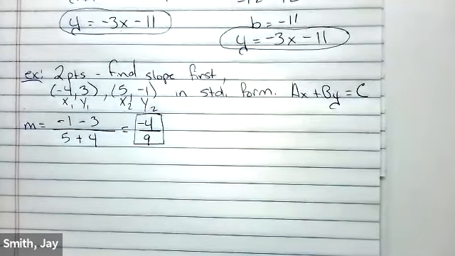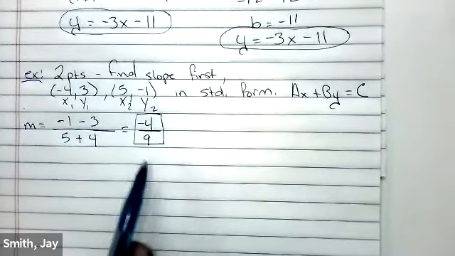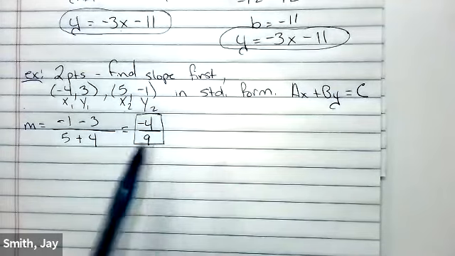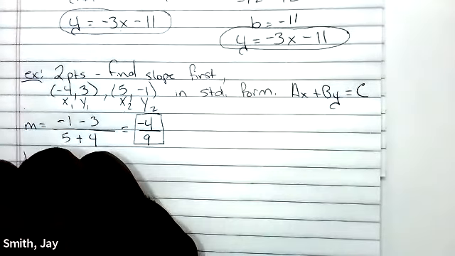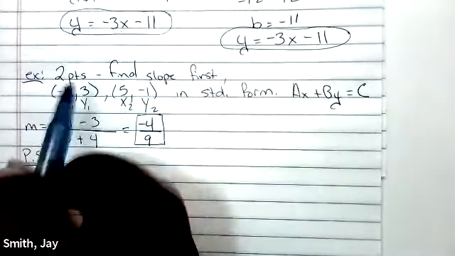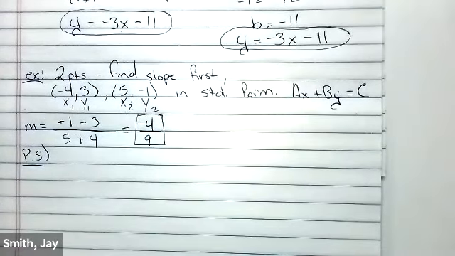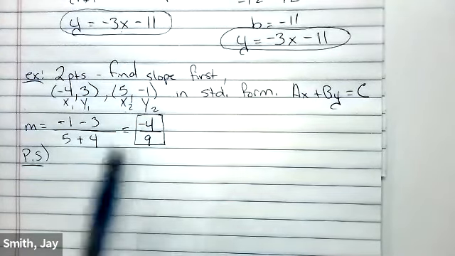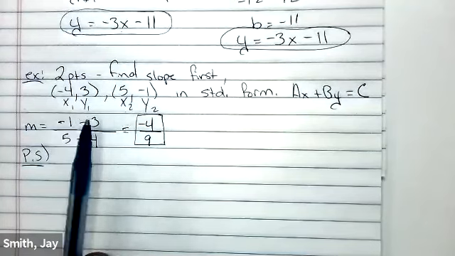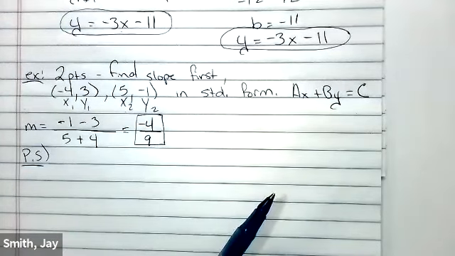All right. So now that we have our slope, we can use either the point slope form, picking one of the 2 points given to us, keep in mind that these 2 points are on the line that we're looking for, or we can use slope-intercept form, y equals mx plus b, still choosing either one of these 2 points, and along with the slope, negative 4/9 in both.